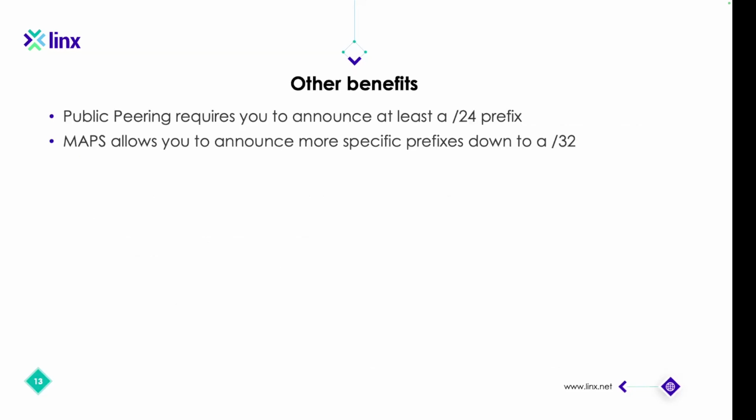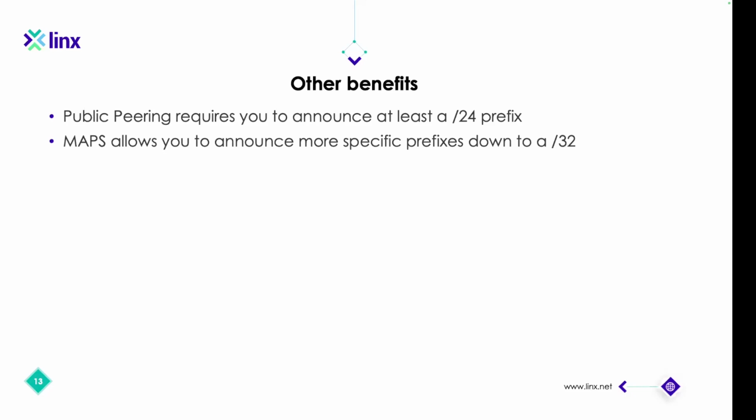But there's other benefits. As you probably all know, if you use public peering or traditional peering on an IXP, or private peering, anything that uses the internet as such, really the smallest prefix that traditionally gets allowed, unless you do special agreements, is really a /24, meaning 255 IP addresses.